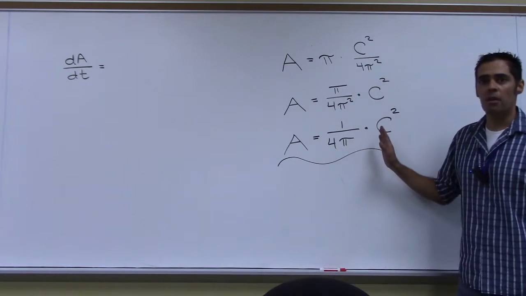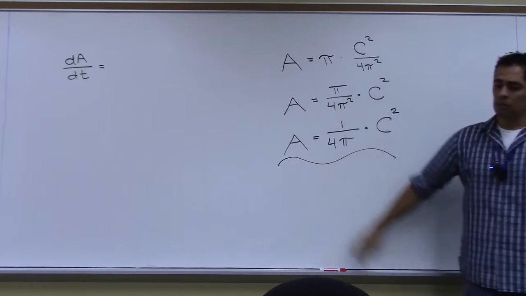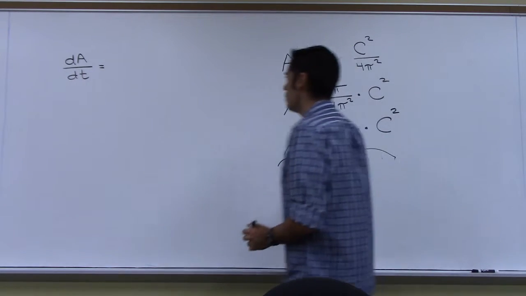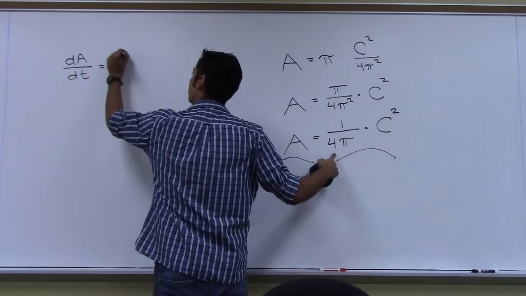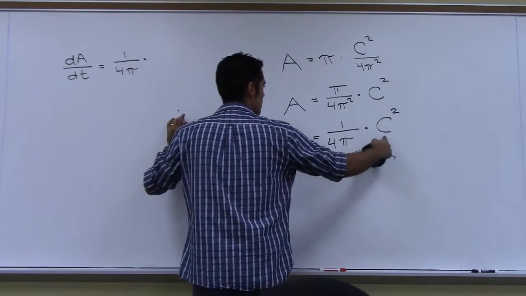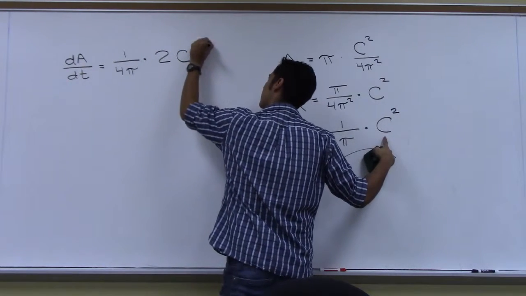You don't plug any numbers in until after the derivative. One over 4 pi comes along for the ride. What's the derivative of C squared? 2C dC dt.